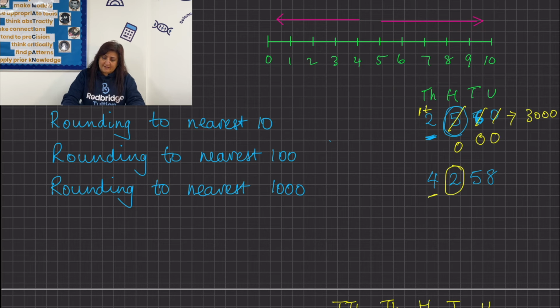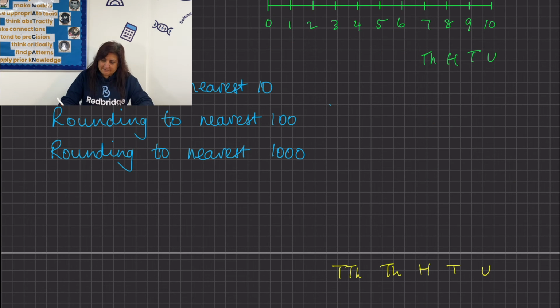Anything after that becomes a 0. The 58 becomes 0, 0. The 2 we know we need to round down, and because we're rounding down, we don't add anything to the 4. The 4,258 becomes 4,000.